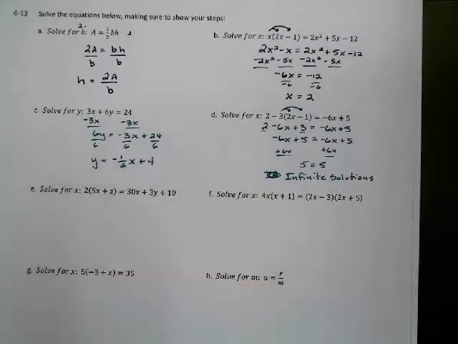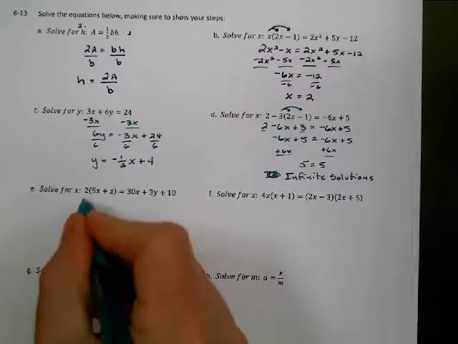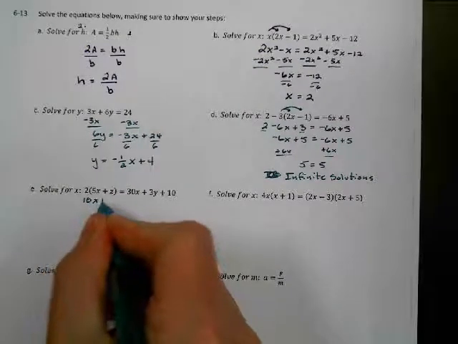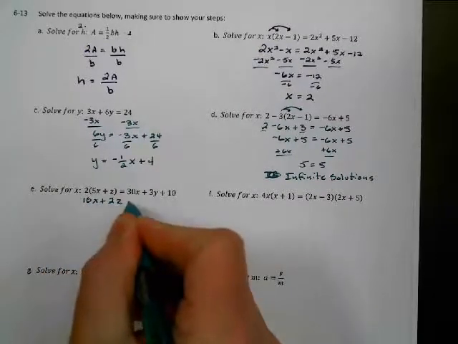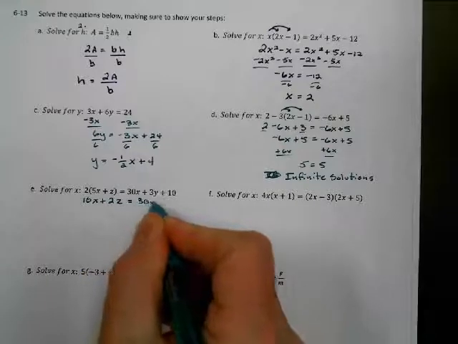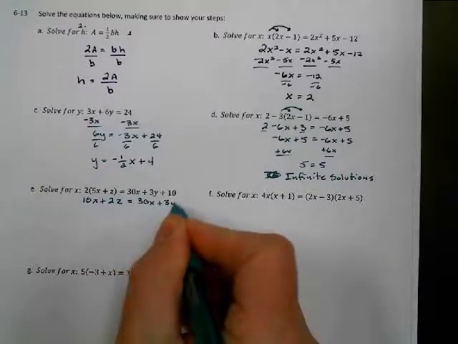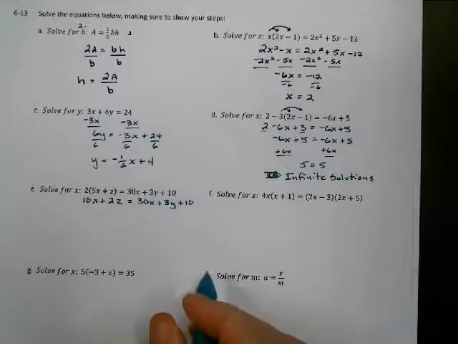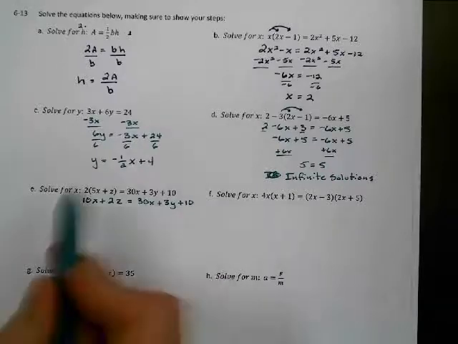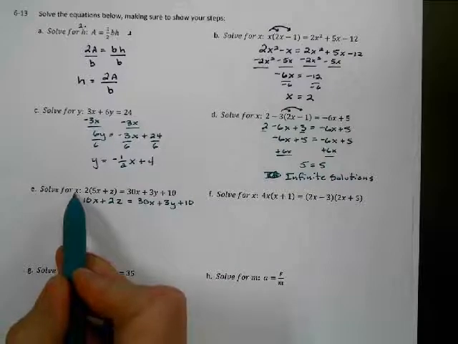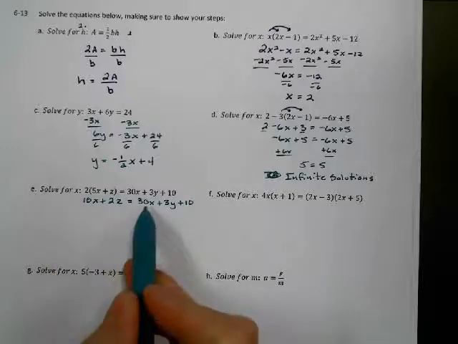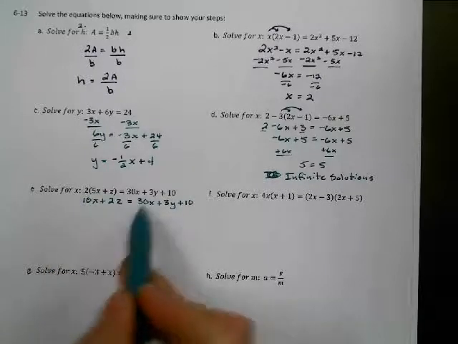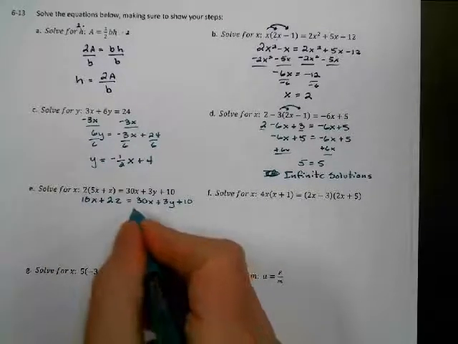So let's distribute 2 first, and I get 10x plus 2z equals 30x plus 3y plus 10. Since I'm getting x by itself, I'm going to move all the x's to the same side. So I'm going to subtract 30x from both sides.